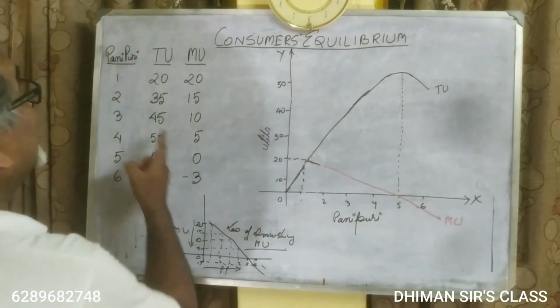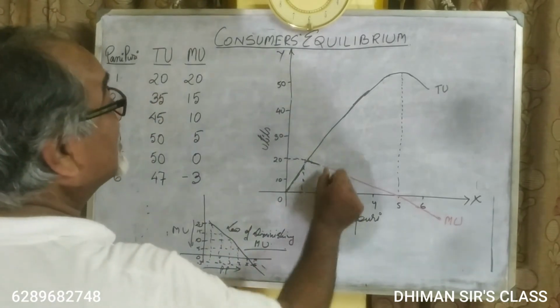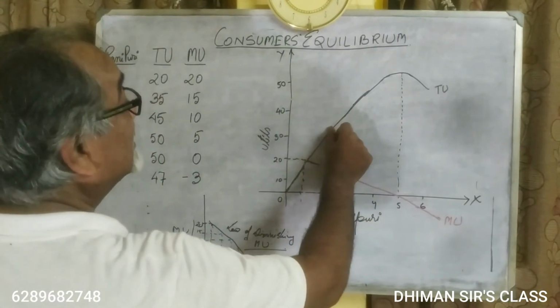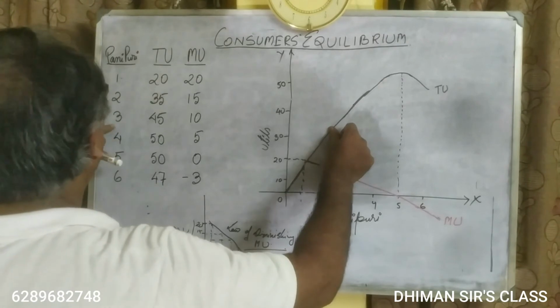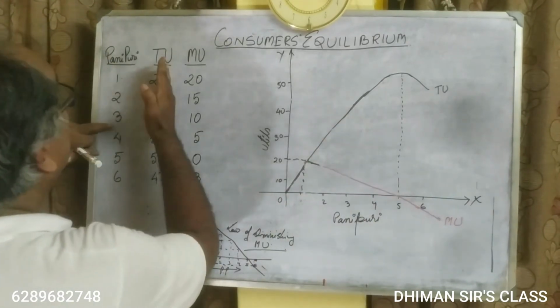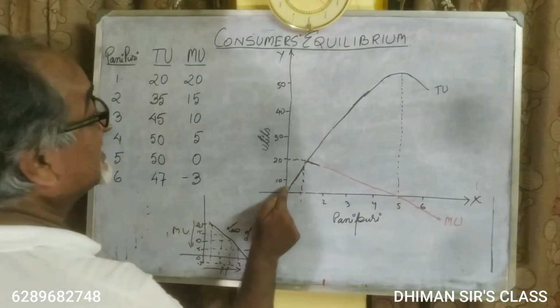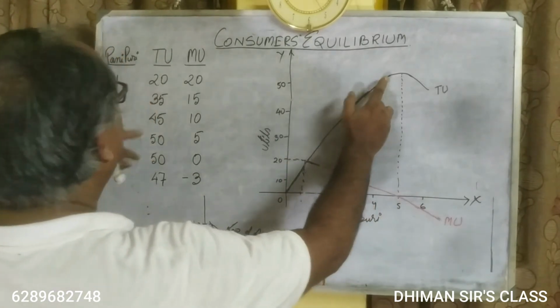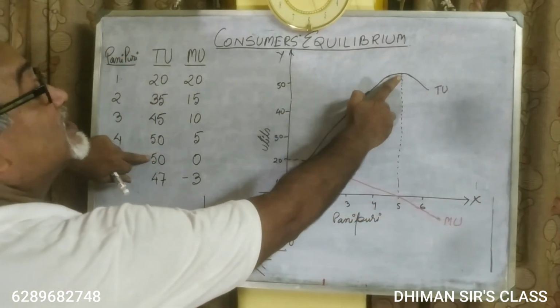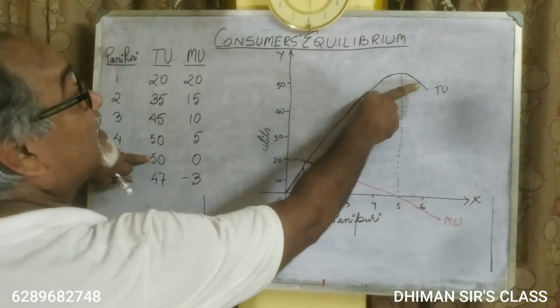Okay, now see 20, second unit 35. Then third unit 45, like this. My total utility is increasing. Up to 50 you see it becomes constant. Okay, then after that it starts falling.